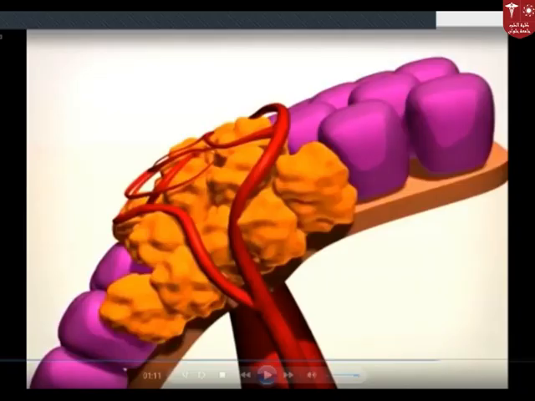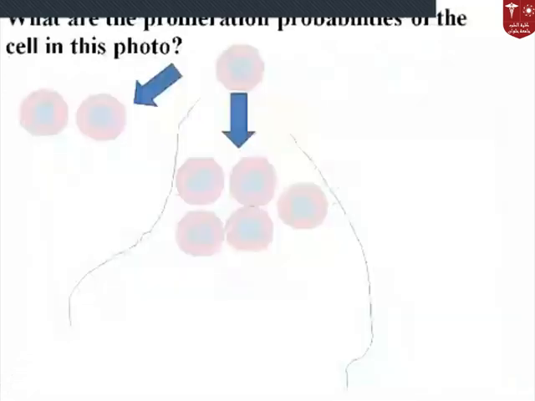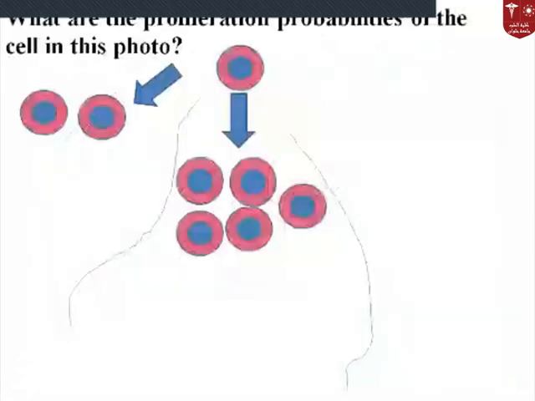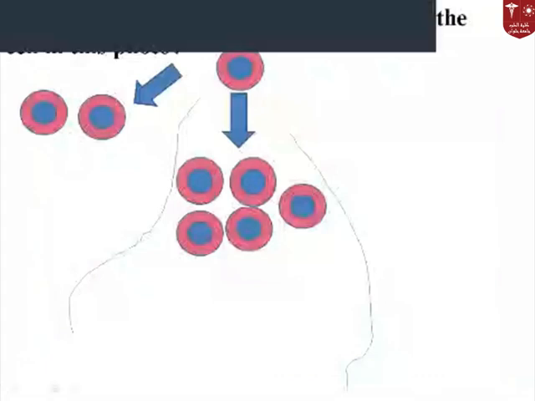So let's share the screen again for the presentation. So I hope you now know or imagine what is meant by neoplasia or a tumor. So when a single cell proliferates, it has some possibilities. One of the possibilities is that it just divides by mitosis into two cells, a controlled division.